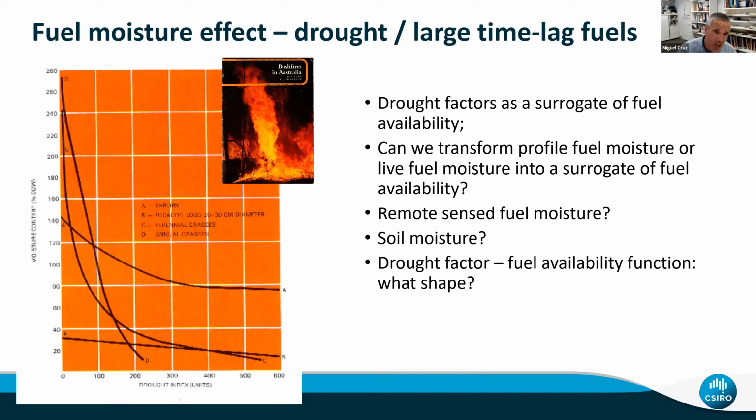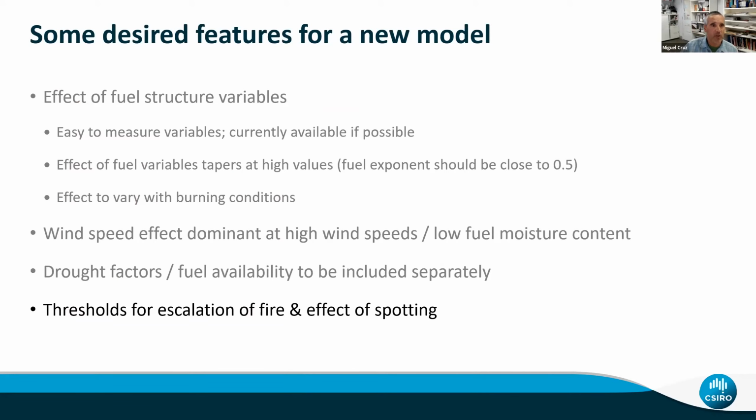Also, another point here, in terms of drought factor, fuel availability, can we use different shapes, right? Instead of a linear shape, can we use something that better captures that effect of drought on fuel availability? And coming to the last of these desired features, these thresholds for escalation of fire and effect of spotting, right?